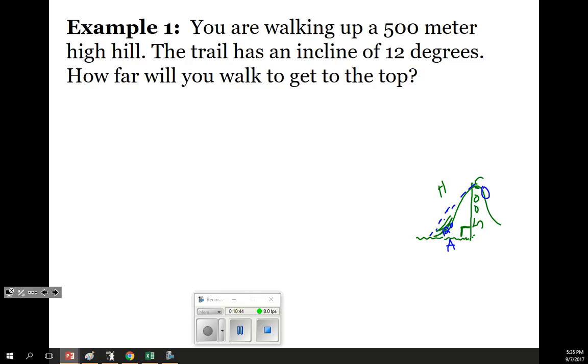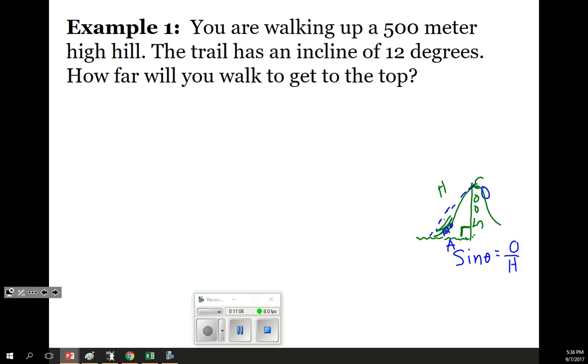Notice that I have O, and I want to find H. So which formula has a relationship between the opposite side and the hypotenuse? That would be sine of the angle equals O over H.